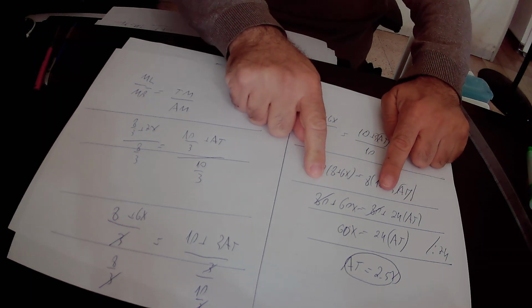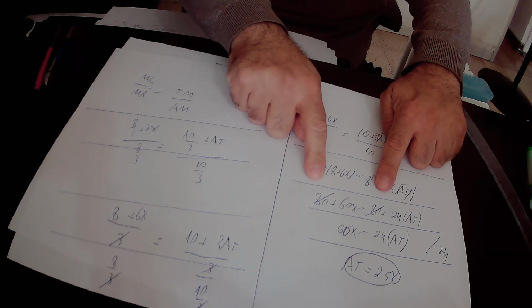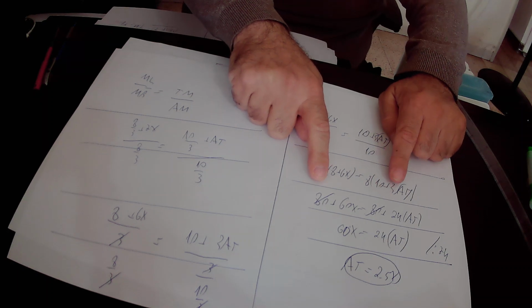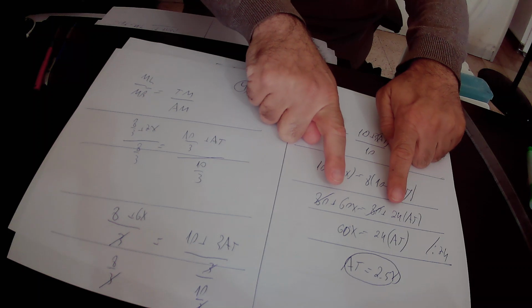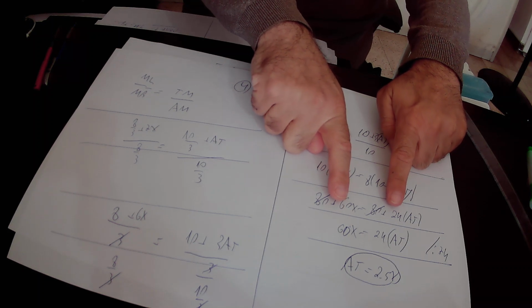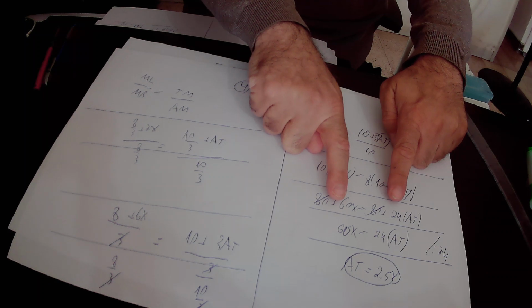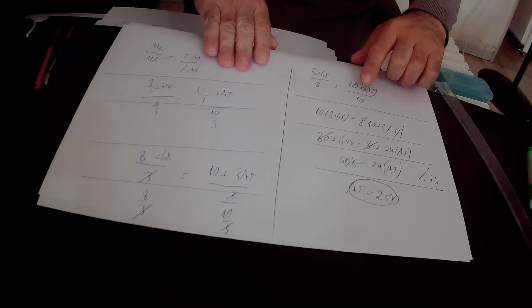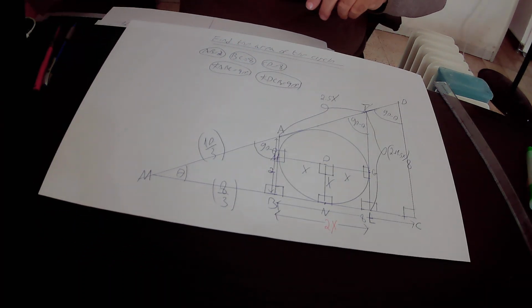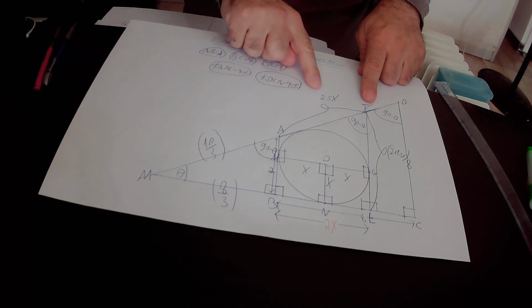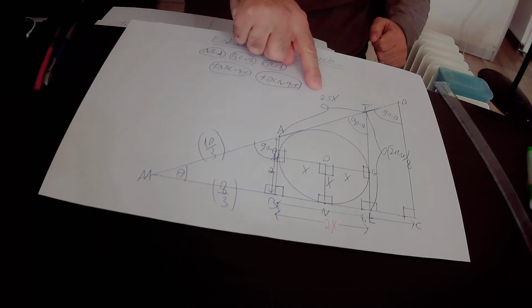We have 80 on both sides of the equation, so 80 will get cancelled. And we are left with only 60x, which is equal to 2480. We divided this equation by 24 and finally found out that 80 equals 60x over 24, which is 2.5x. So we found out that the length of this line segment 80 is equal to 2.5x.